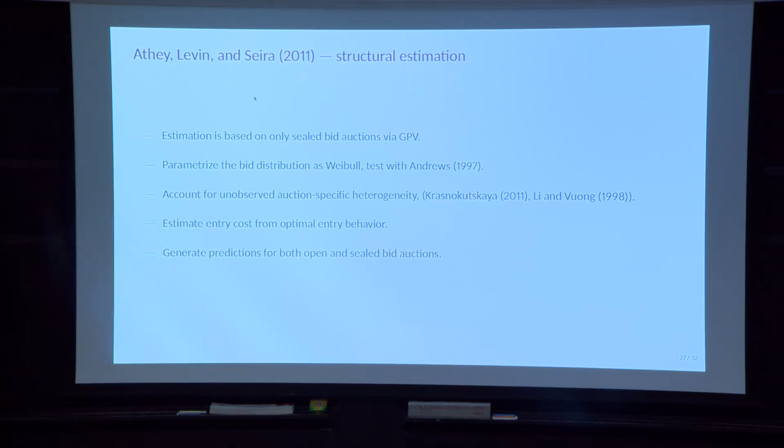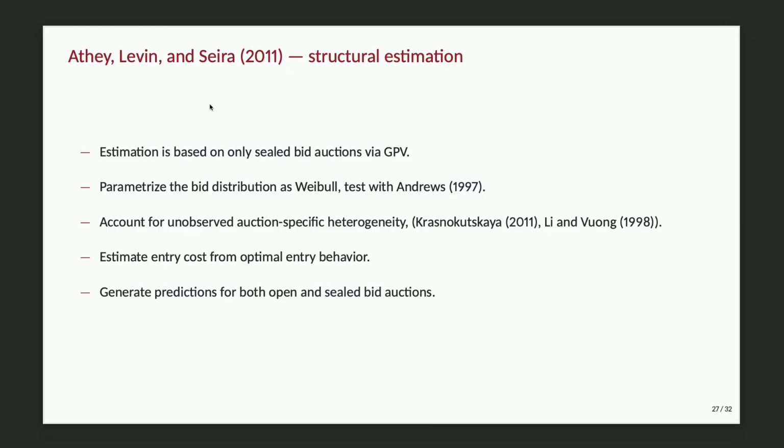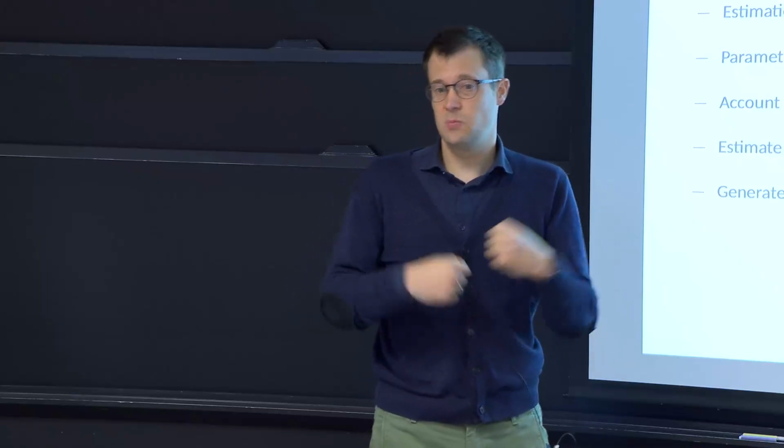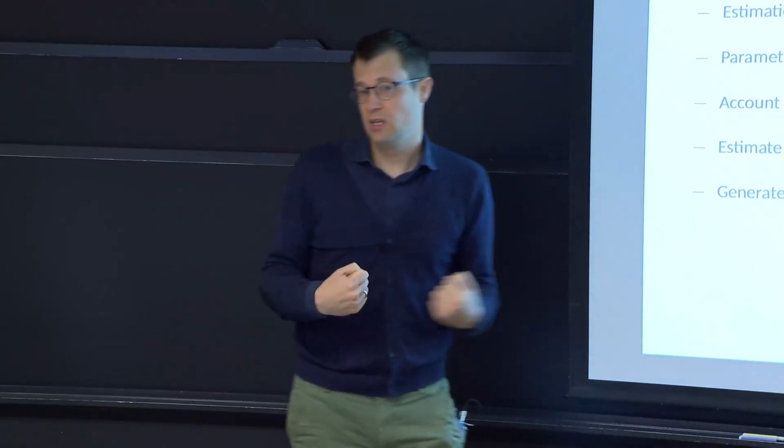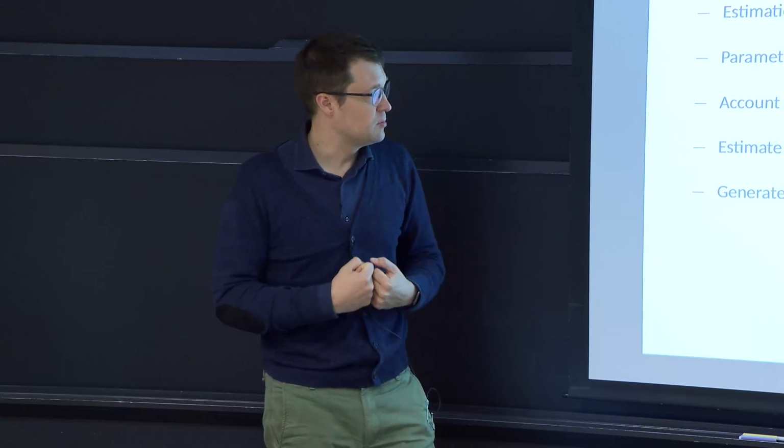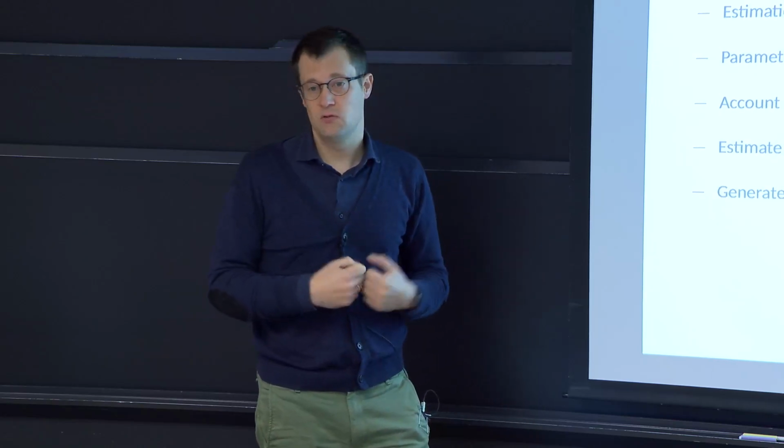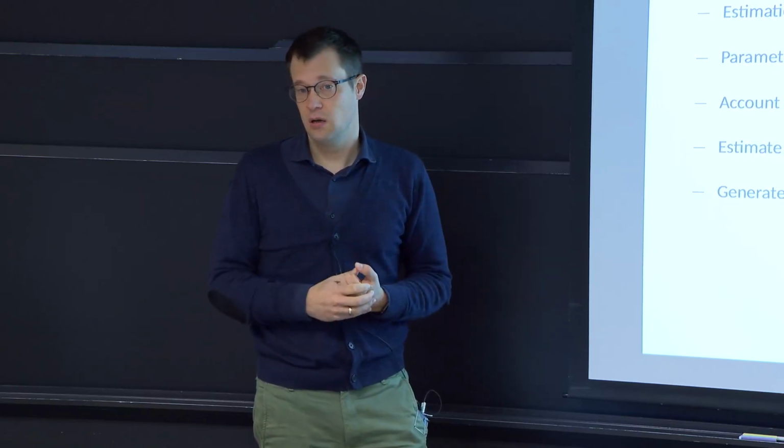Okay, so this allows us to account for the fact that there are systematic differences across auctions that bidders account for, and that matters because otherwise we would say that this heterogeneity is across bidders, and that would give us oftentimes very wrong estimates for, let's say, the efficiency of an auction.